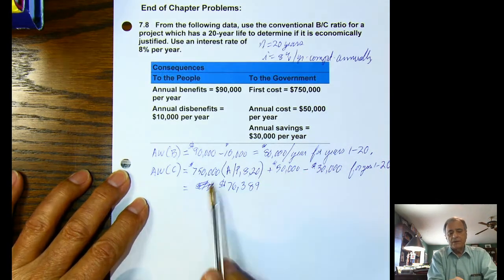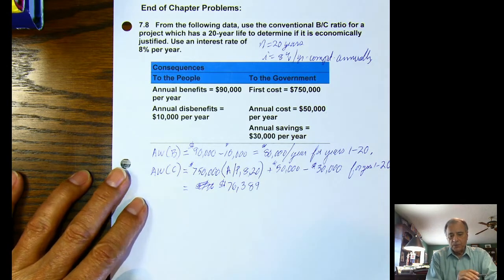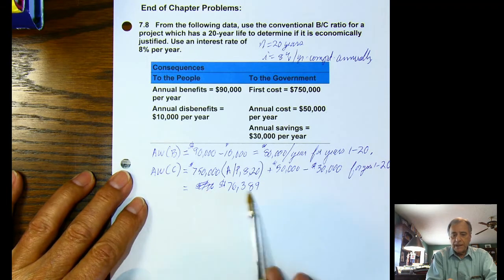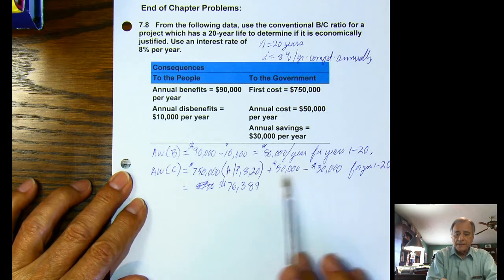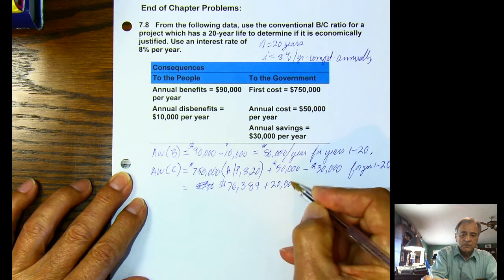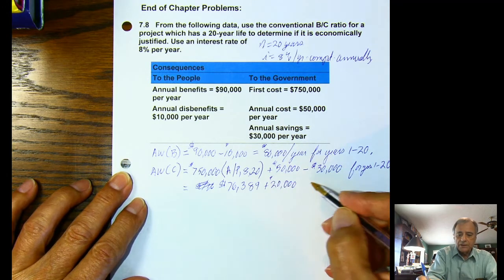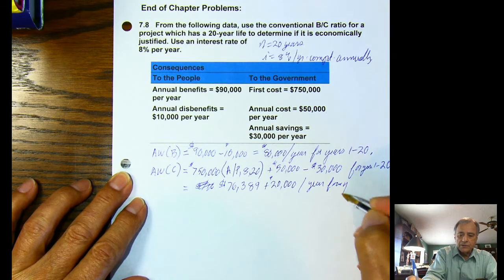That's 750 times A given P, 8% for 20 years, using the app on my cell phone. Then I'll net these out. You've got a 50 and a minus 30, so that's plus 20,000. And all of this is dollars per year for years 1 through 20.